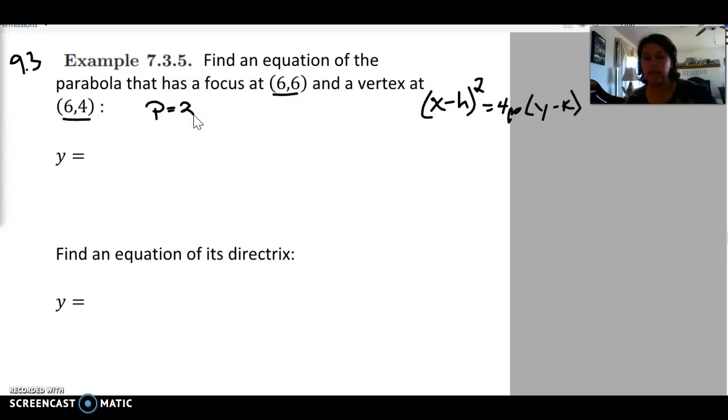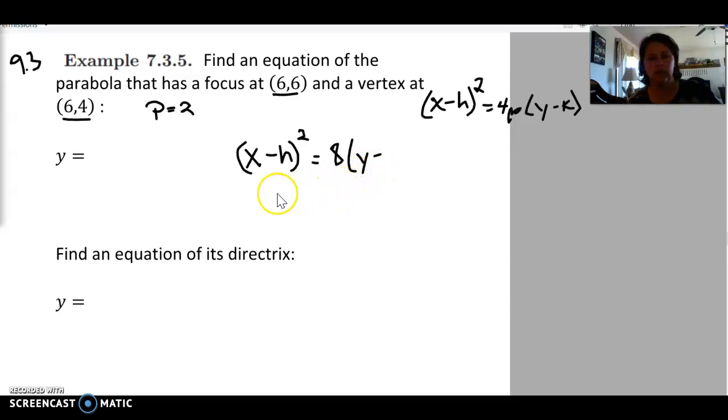We know that our vertex is the point (6, 4), so we can go ahead and write our equation from there. So we have (x minus h) squared equals 4 times p, which is going to be 8, and then (y minus k).